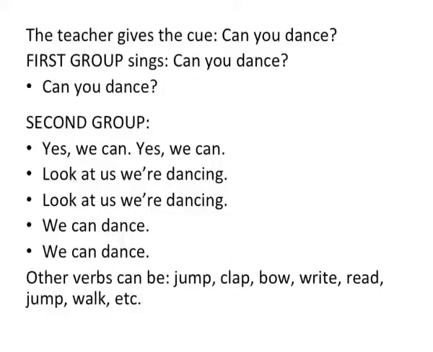Second group: yes we can, yes we can. Look at us, we're dancing, look at us, we're dancing. We can dance, we can dance. Other verbs can also be used, like can we jump, or any other like clap or bow or write or read, jump, walk, talk, etc.